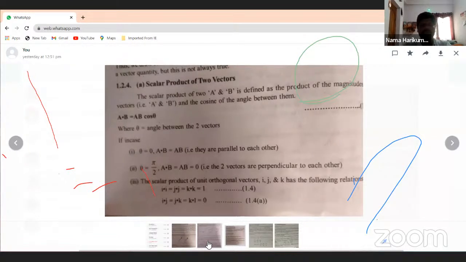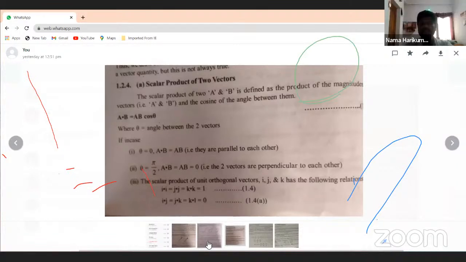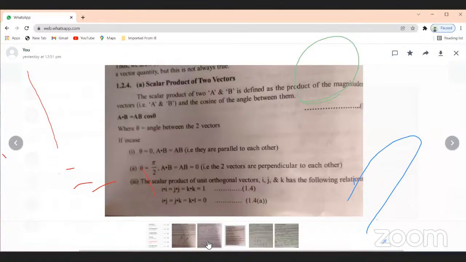You see the sequence: ij, jk, ki. Okay. Sir, got it. Clear?